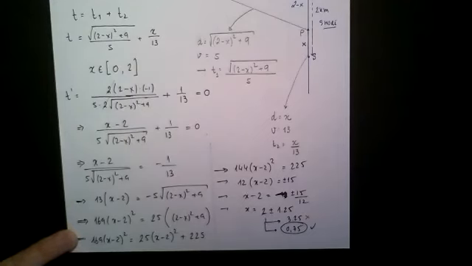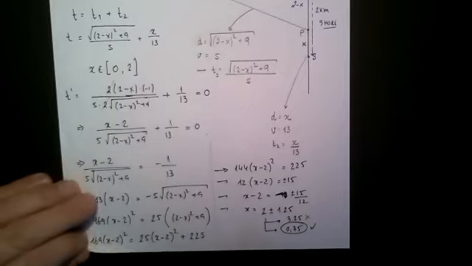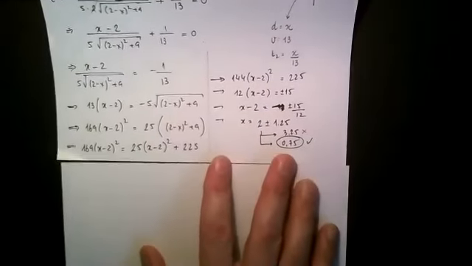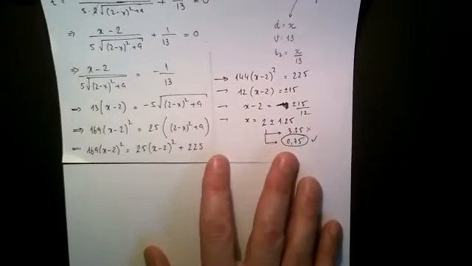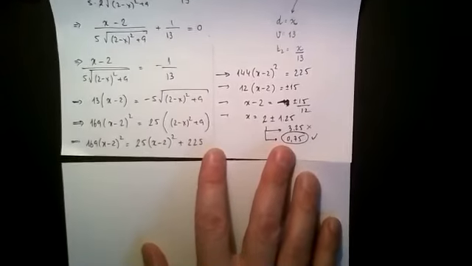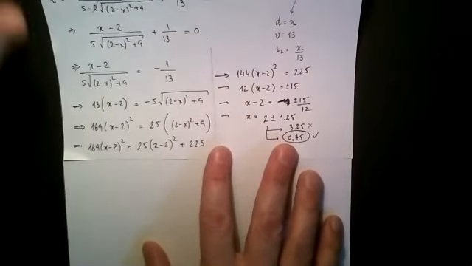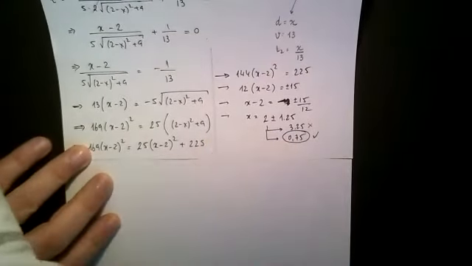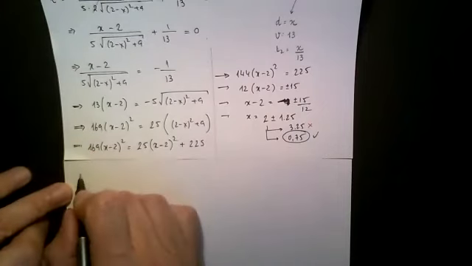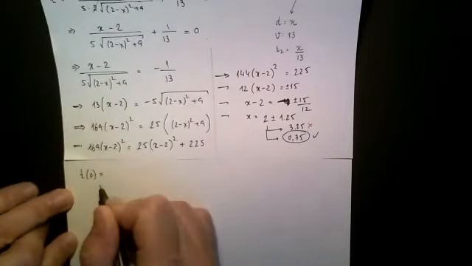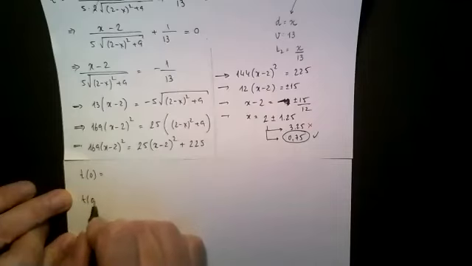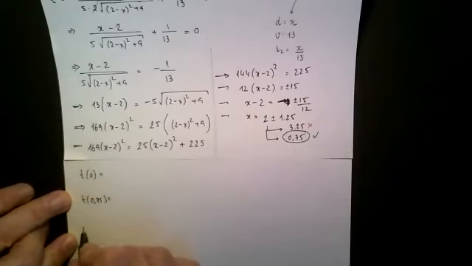And see which one is the biggest and which one is the smallest, and I'm looking for the smallest. So let's see. So t of 0 equals what? t of 0.75 equals what? And then t of 2 equals what?